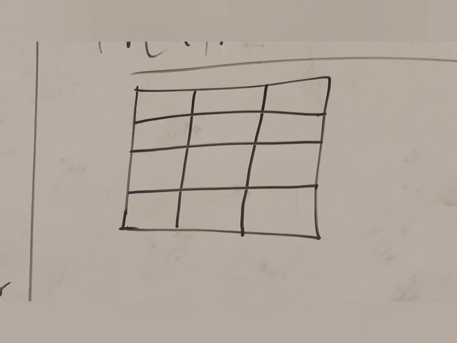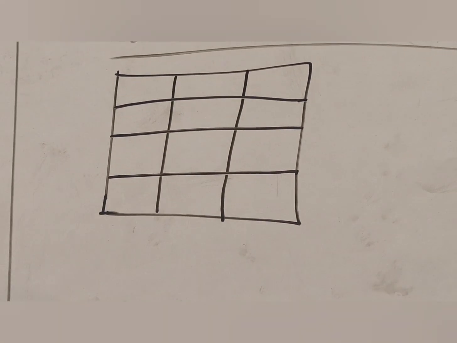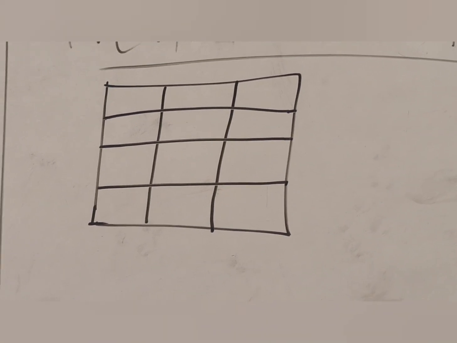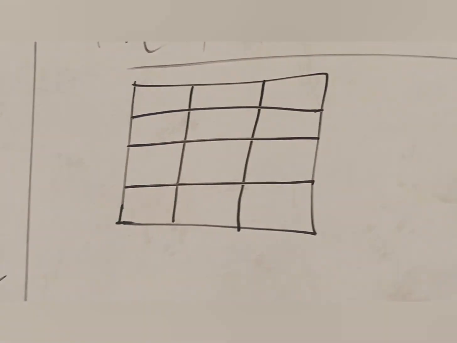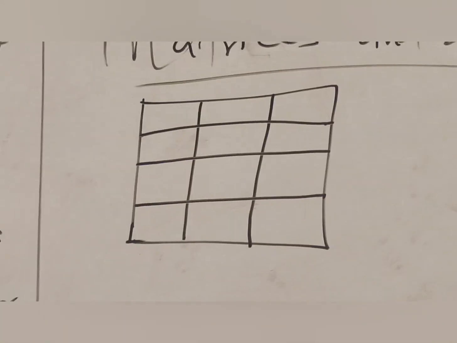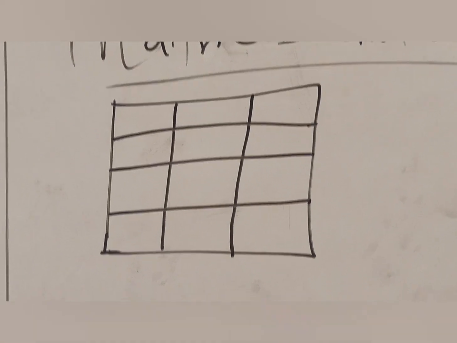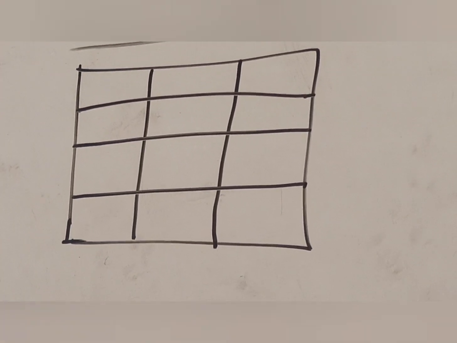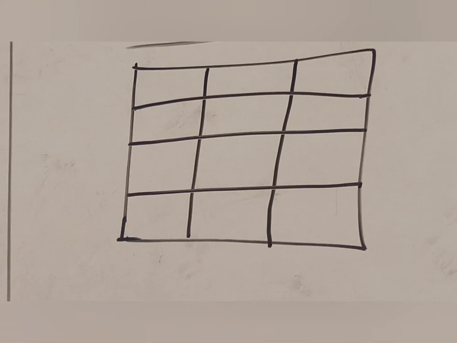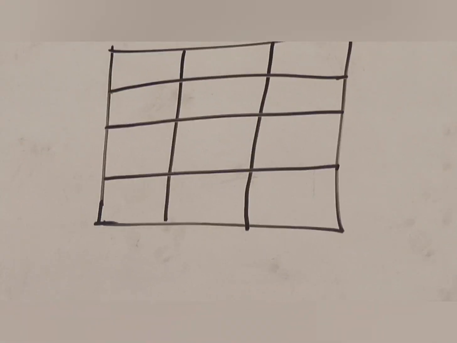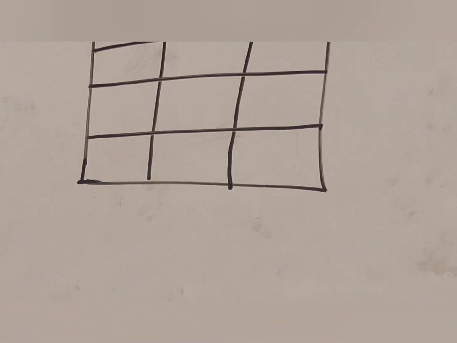Somebody has just told us that rows are horizontal. Horizontal means from left to right or right to left. Then he said the columns are vertical. Vertical means top to bottom or bottom to top.